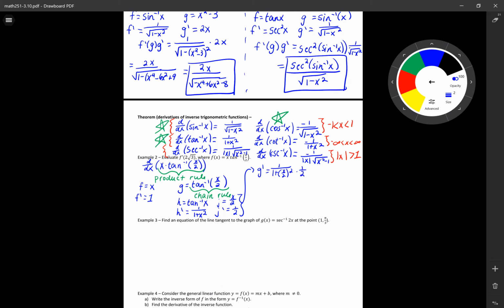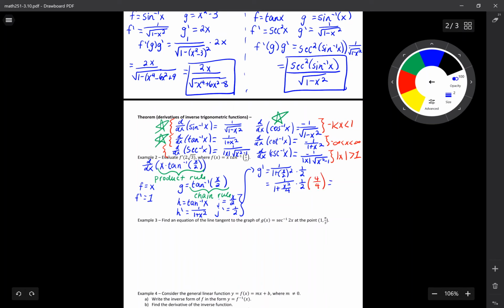So if I were to expand this a little bit, I would get 1 over 1 plus x squared divided by 4, times 1/2. I don't like that fraction over 4 on the bottom, so I'm going to multiply this whole thing by 4 over 4.